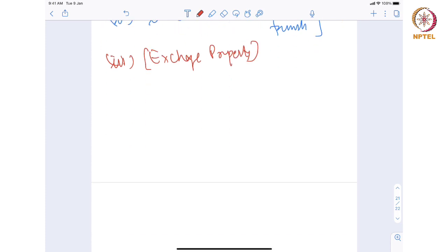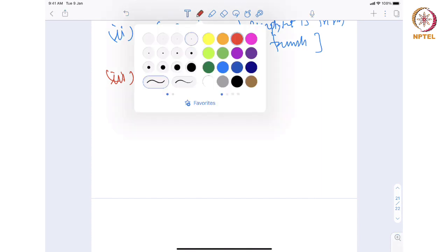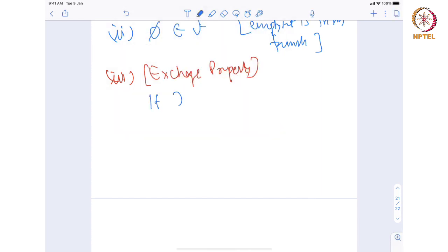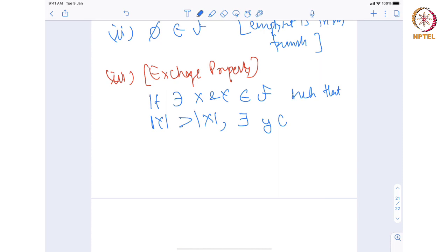And what is the exchange property? If there exist X and Y in our family such that |Y| is strictly greater than |X|, then there exists y in Y minus X such that X union y is in my family.